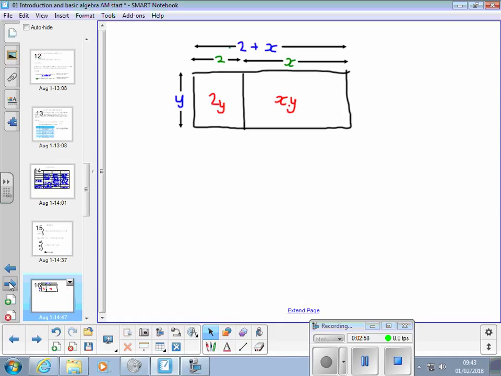So, if I have that diagram, I can write that the area of the small square on the left side is 2y. Yeah, and I can write that the area of this rectangle here is x times y. So I could write an expression for the whole thing as being 2y plus xy.